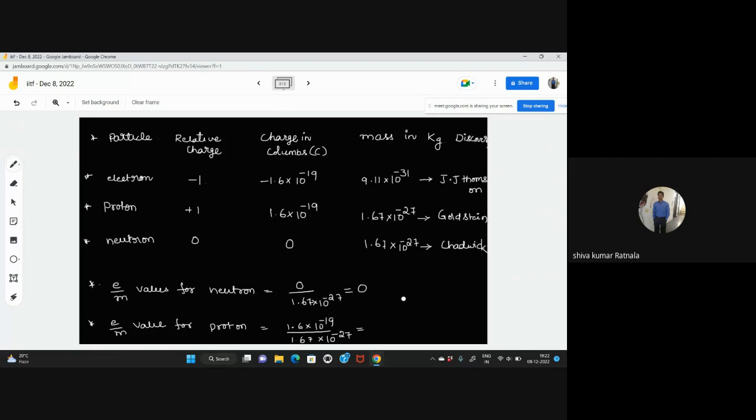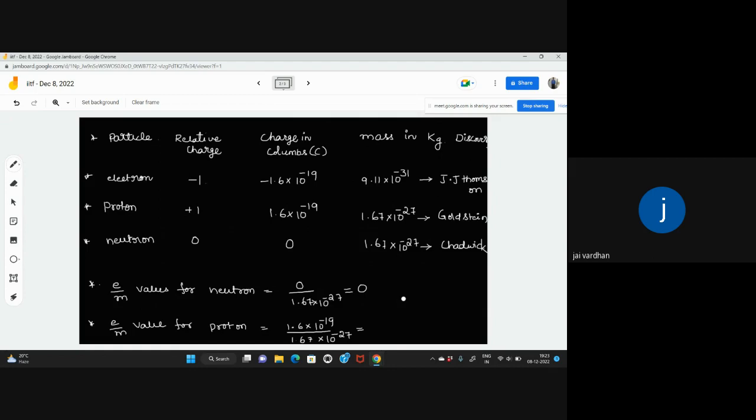We simply consider that as relative charge, whereas actual charge is 1.602 something. Sir, what is the SI unit of specific charge? It is a ratio: charge is in coulomb and mass is in kg, so coulomb per kg.